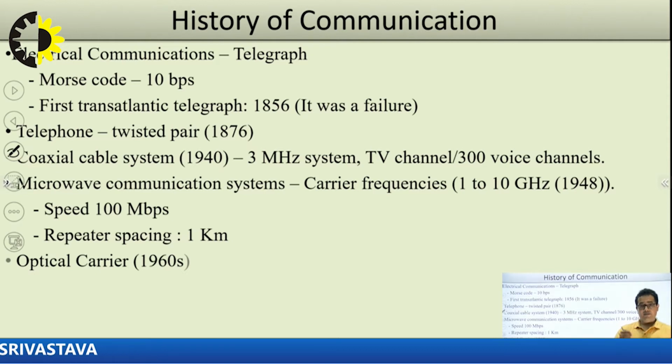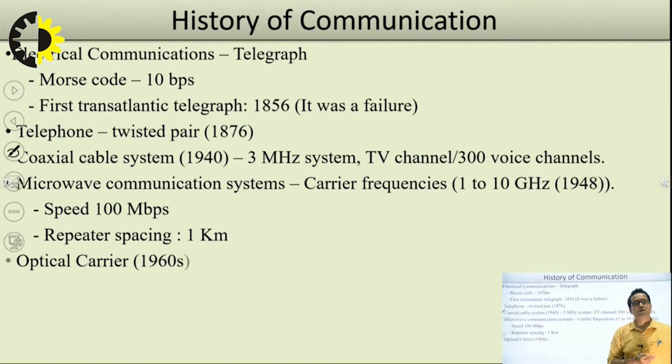If the frequency range has increased to 1 gigahertz from 3 megahertz in the case of coaxial cable, the speed at which you can transfer information will increase, and that increase in speed is 100 megabits per second. Because of this 100 megabits per second, the repeater spacing has been increased to 1 kilometer.